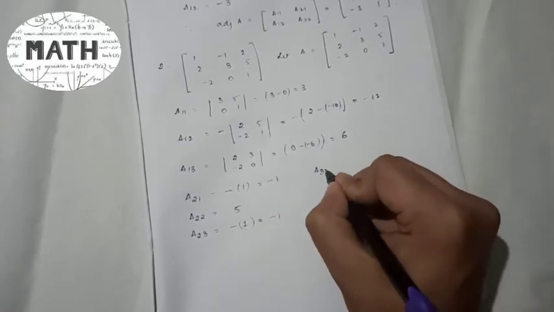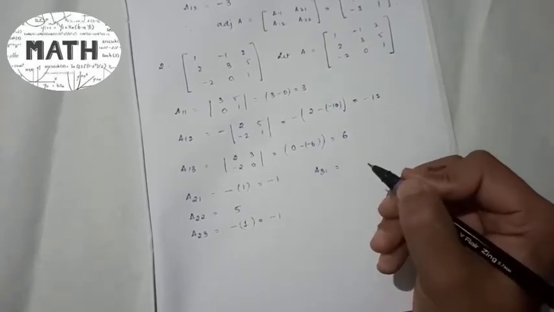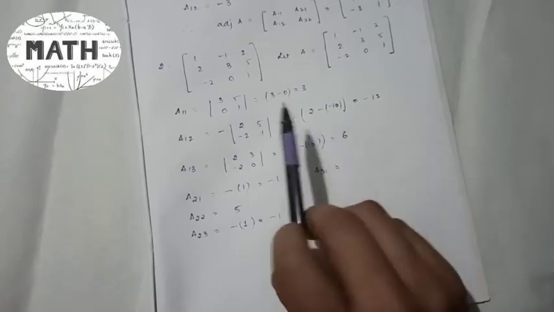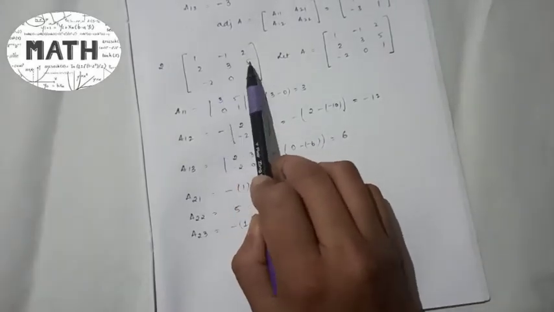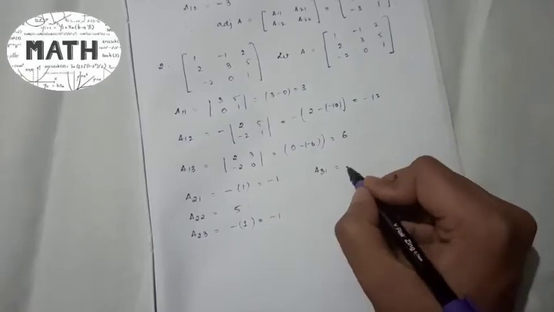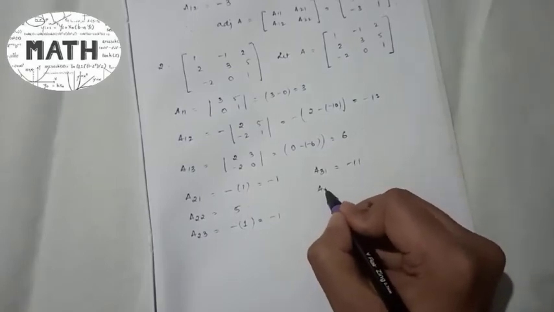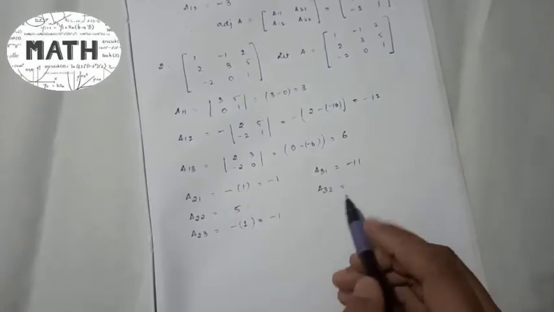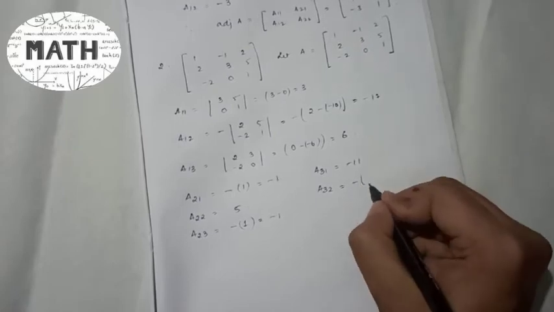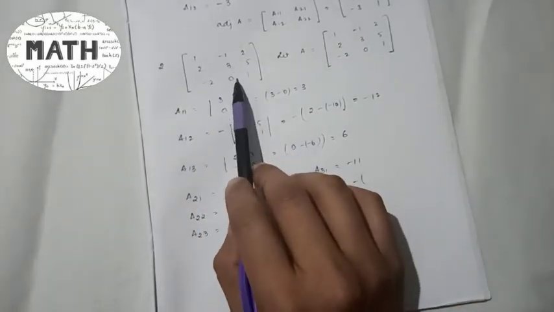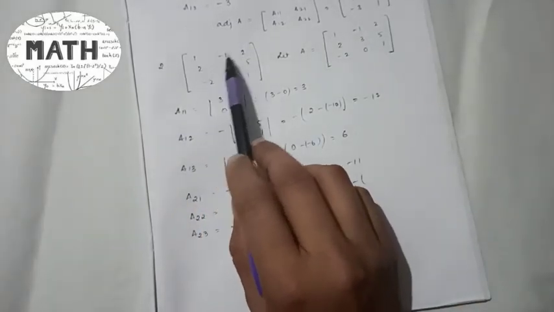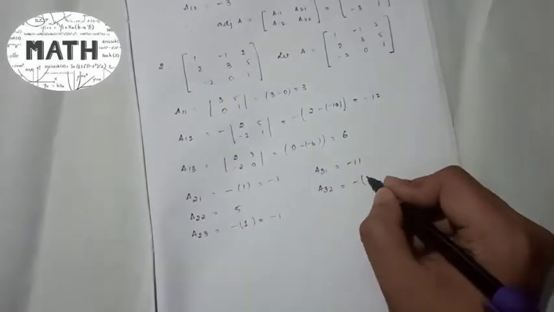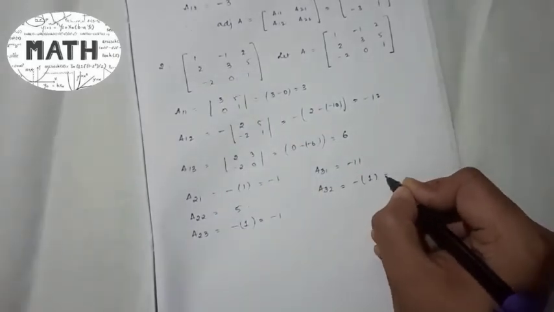Similarly A31: 3 plus 1 is 4, which is even. If you solve, minus 5 minus 6, the answer will be minus 11. A32 is minus, so 3 2: 5 minus 4 is 1, so the answer will be minus 1.